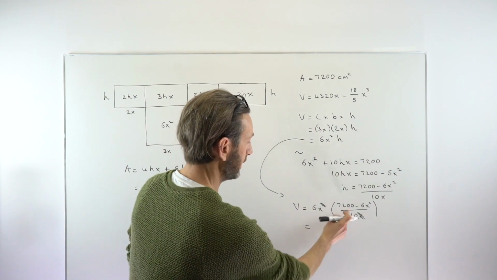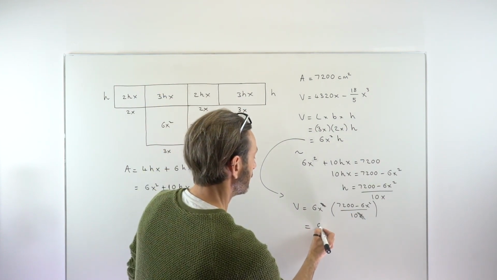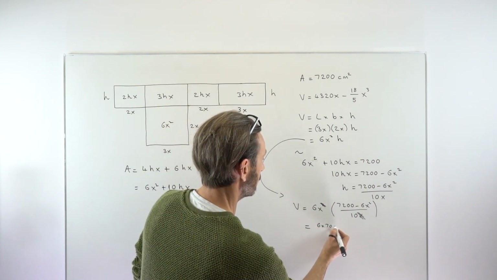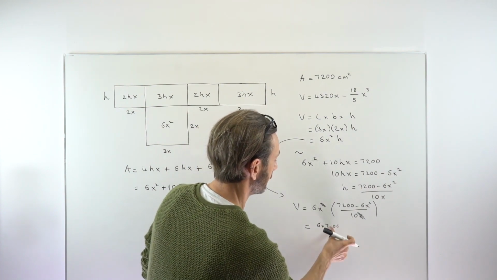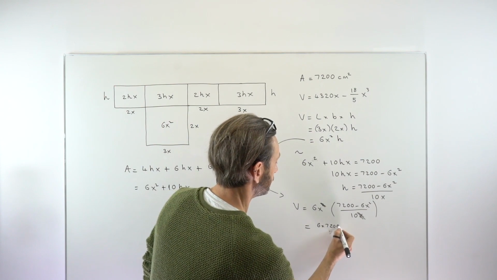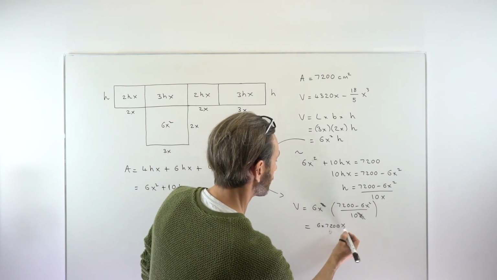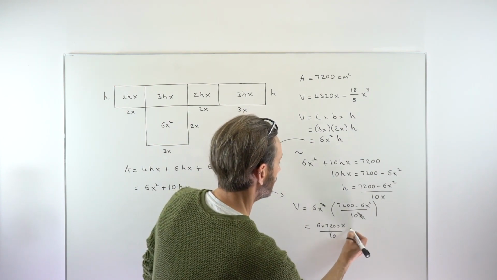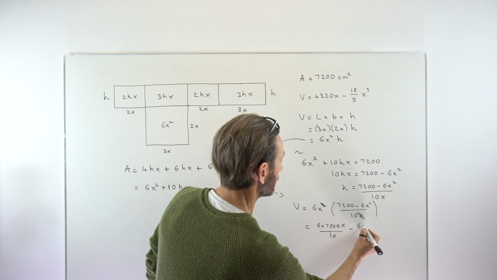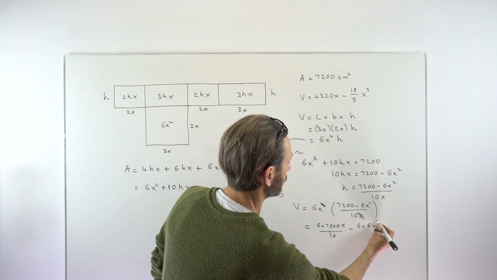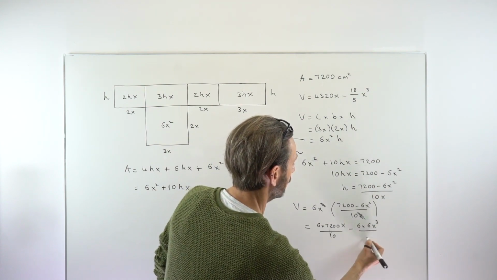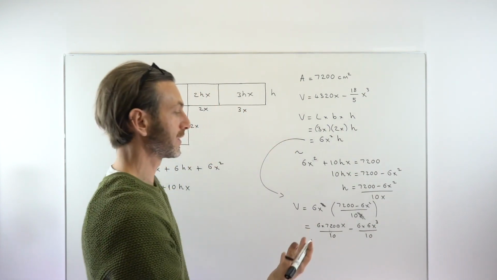So if we multiply these terms together, we're going to get 6 times 7200, that should be a 2 in there, x over 10 minus 6 times 6x cubed over 10. And then we can just take those forward.